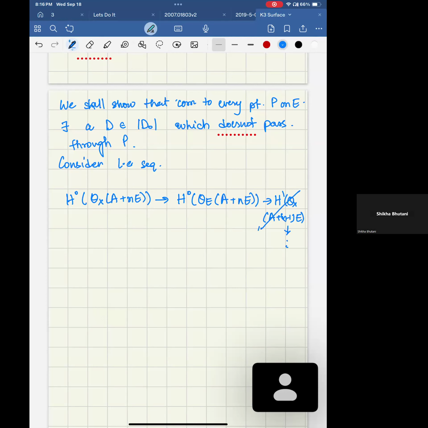Now we have seen that H1s are 0, right? Which tells us that this map is a surjective map, right? What is this? These are the global sections of OP1 of the degree of this, which is A minus N. Got to write A, right?